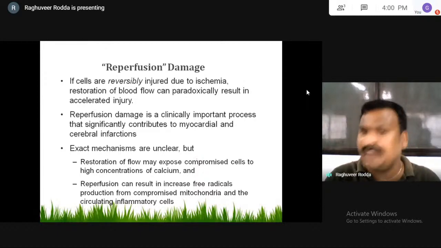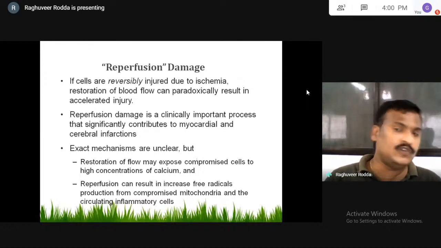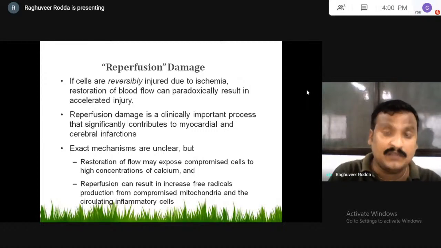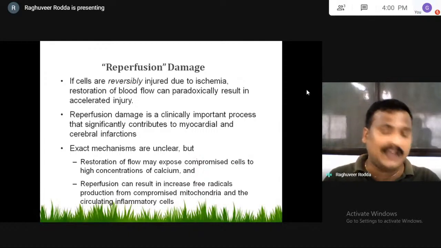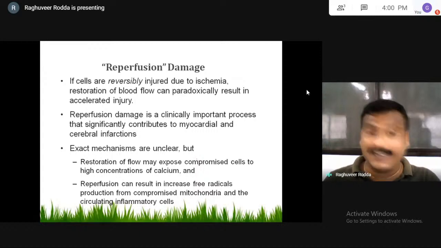So this is very important when you are tackling an injured cell. You should not give anything all of a sudden at a high concentration, because instead of recovering from the injury, the ongoing injury will be accelerated.